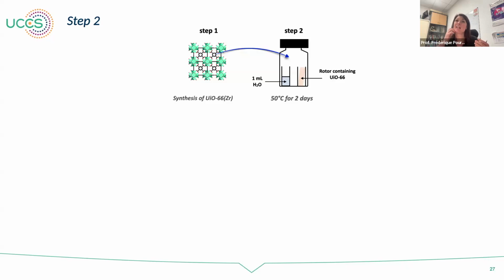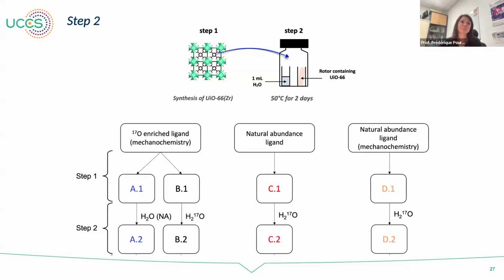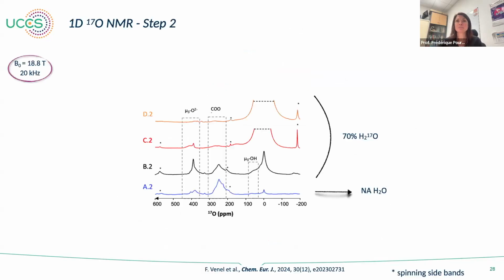We closed the big vials and we heated at 50 degrees C for 2 days in order for the water to go in the samples. And we used natural abundance water for the sample A, but we used water enriched in oxygen 17 at 70% for the samples B, C, and D.